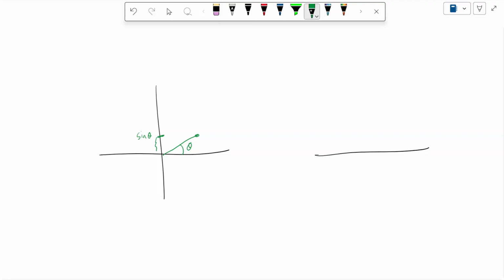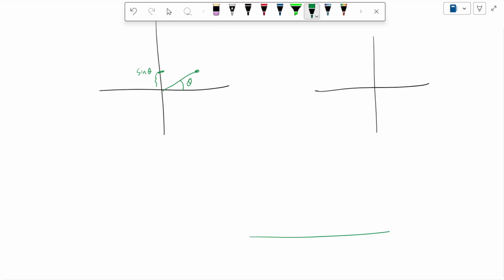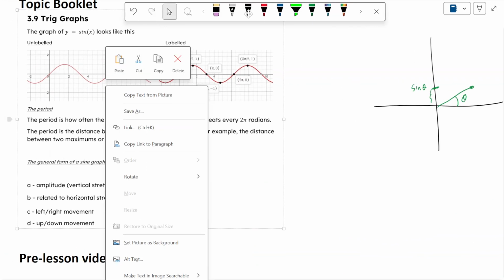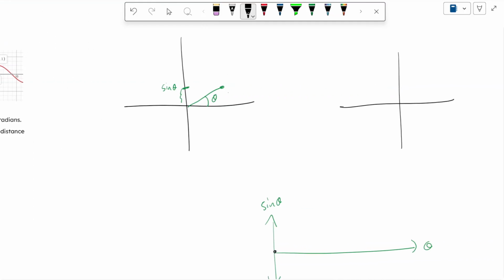The angle starts off quite low, so the sine value starts off with no height at all. As that angle gradually increases, eventually you reach the top height when the angle is pi over 2 or 90 degrees, at a height of 1.